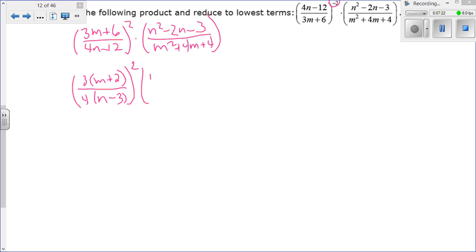I can factor this numerator to n minus 3 and n plus 1. And in my denominator, I can factor that to m plus 2 and another m plus 2.